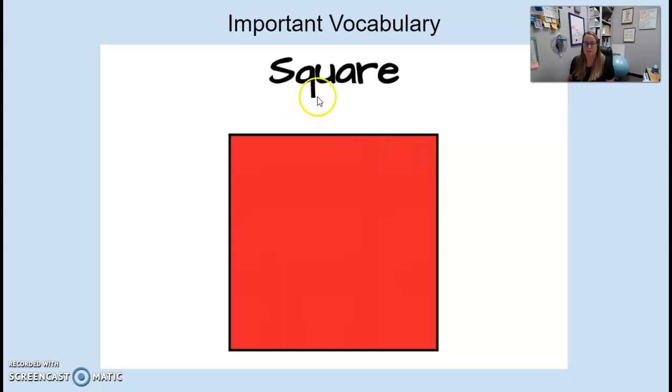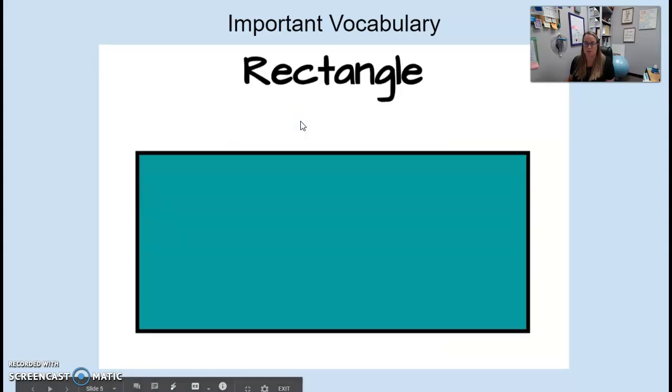The next word is a square. Remember, a square is a flat two-dimensional shape that has 1, 2, 3, 4 sides that are all the same size, and it has 1, 2, 3, 4 vertices. And remember, a square is a special kind of rectangle.